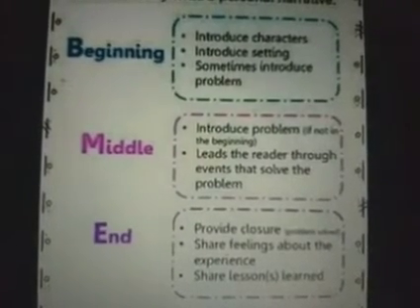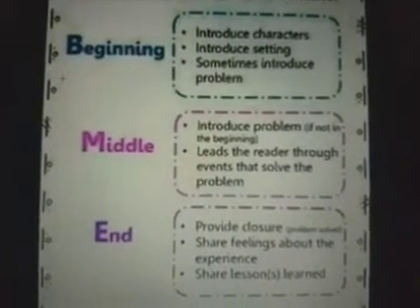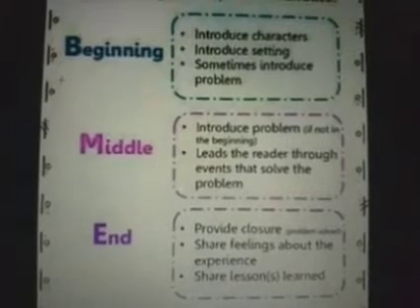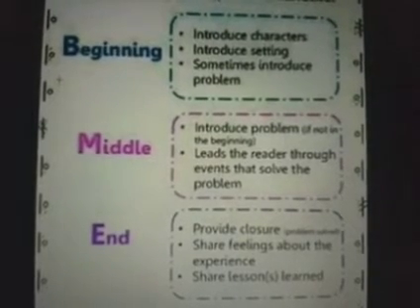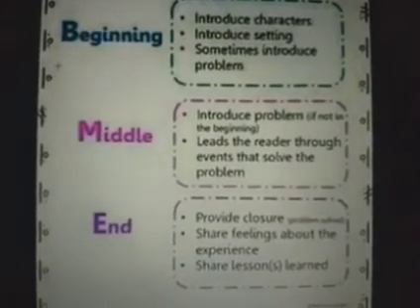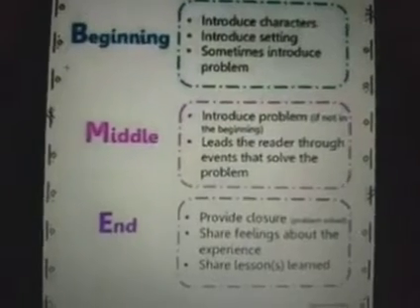And in most of the stories, the problem that happens in the story is discussed in this part. So what is the problem that has occurred in the story? What is the problem that happens?